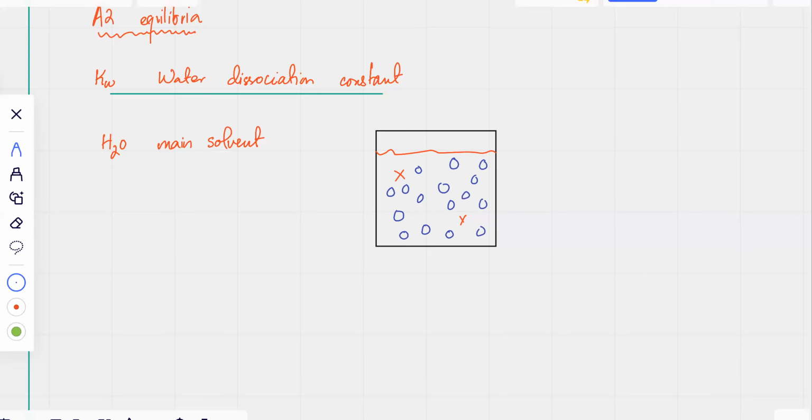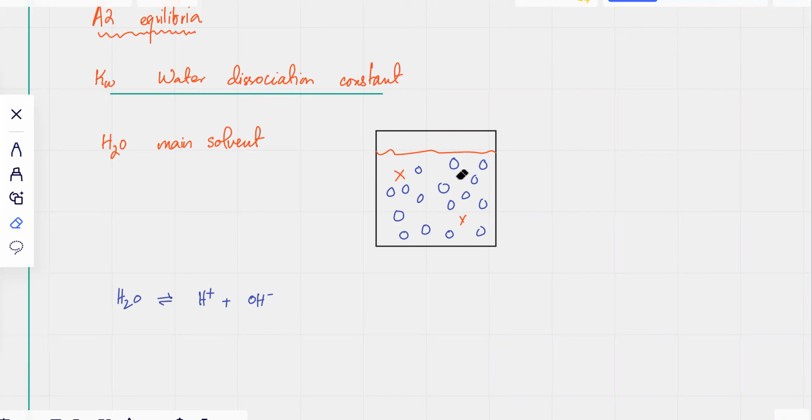Now the thing with water is that water ionizes. It produces two ions: one of them is H+, the other is OH-. It very weakly ionizes; it's not a strong ionization. So when X and Y are trying to react, some of the water molecules surrounding them might break down and ionize.